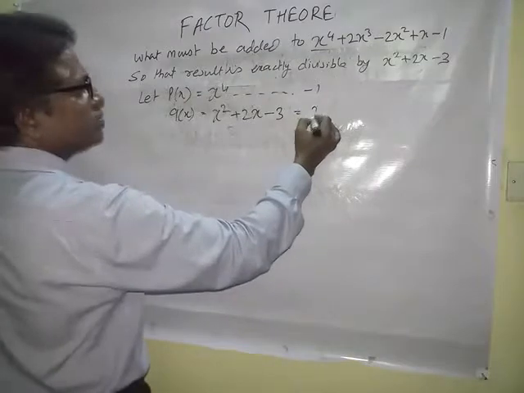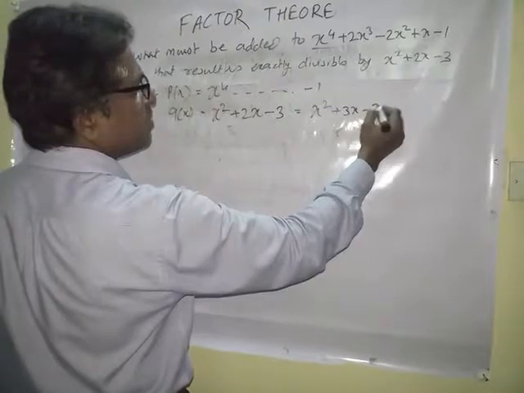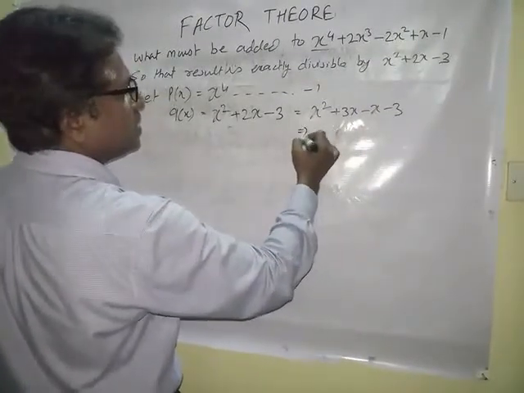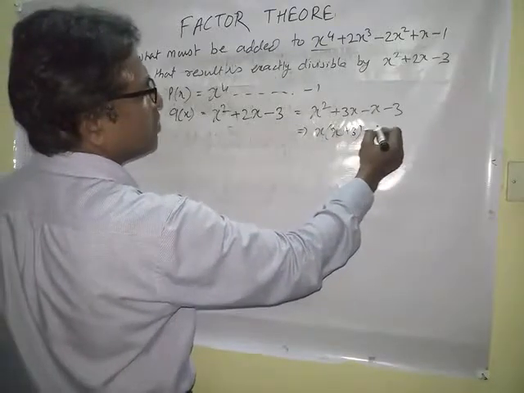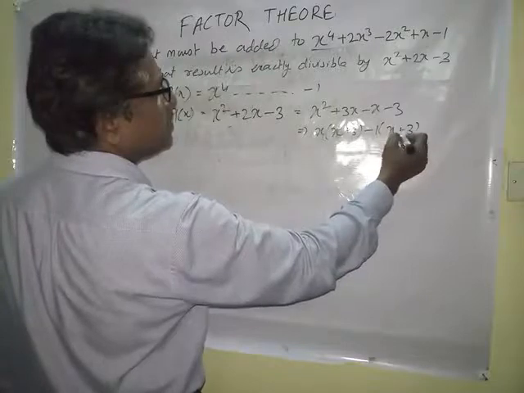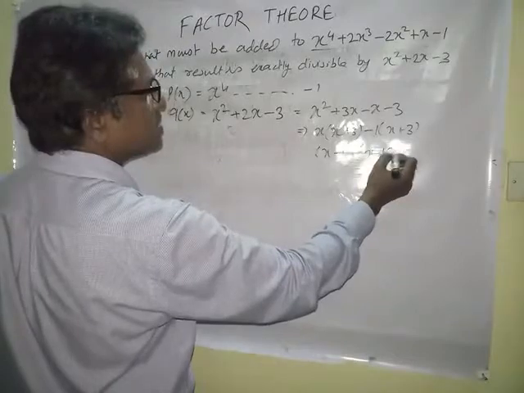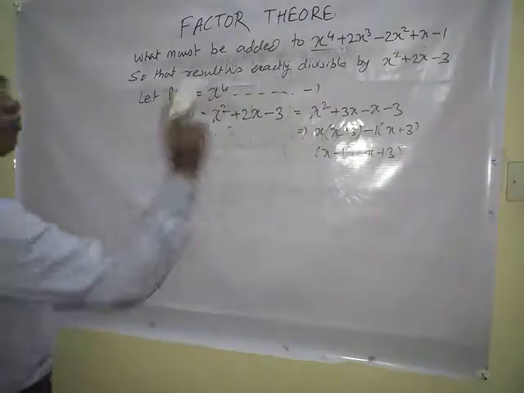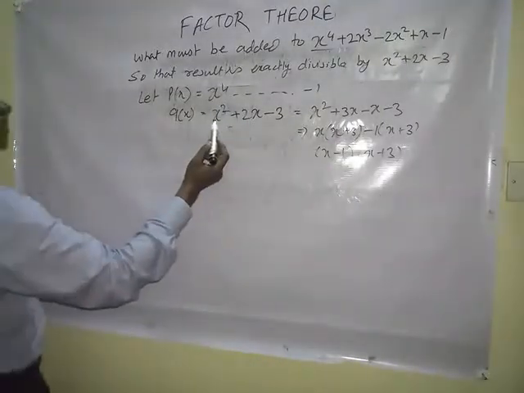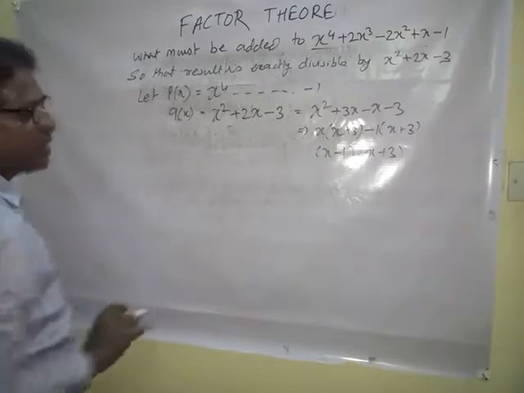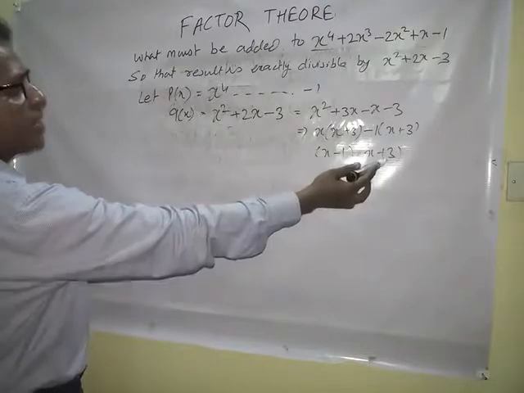This you can write as x square plus 3x minus x minus 3, equal to x common, x plus 3 minus 1 common, x plus 3. So you are having x minus 1 and x plus 3. For applying the factor theorem or remainder theorem, you have to break down this divisor into linear factors. Remember that very carefully.